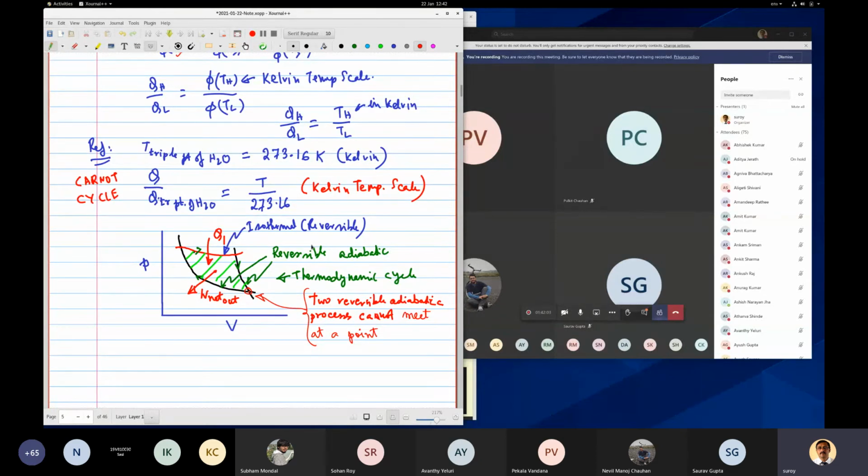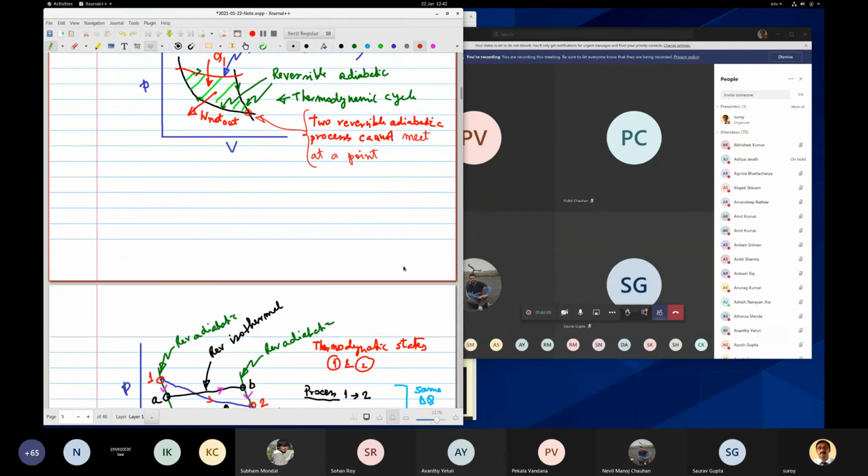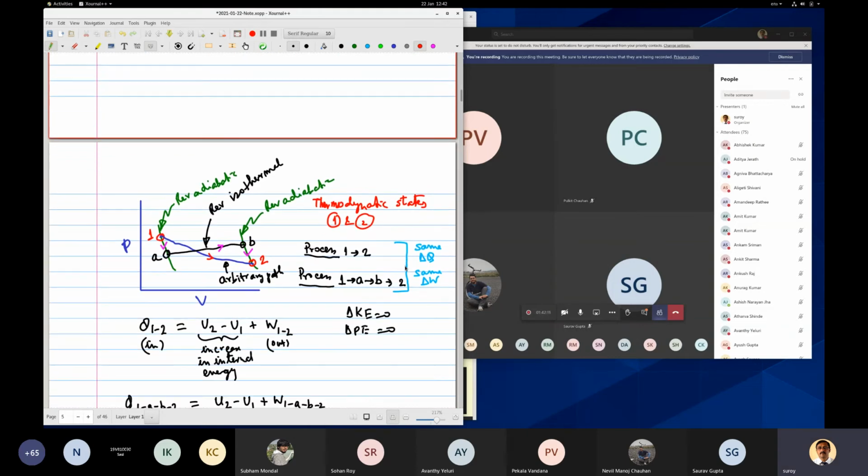So we know two reversible adiabatic processes cannot meet at a point. This is one and this is one, they cannot meet at a point. So they are running parallelly.